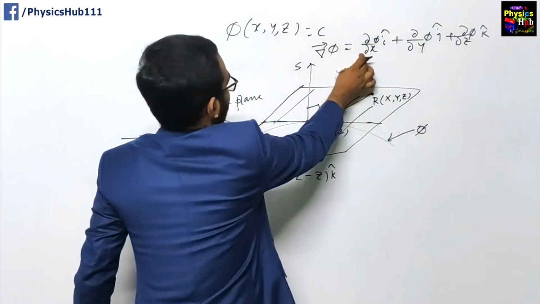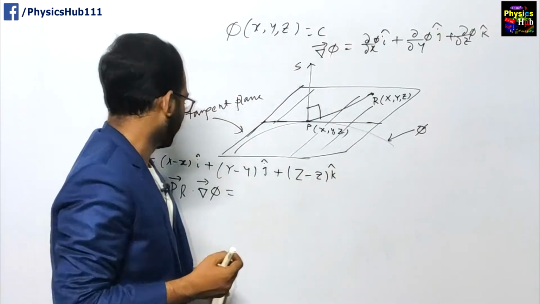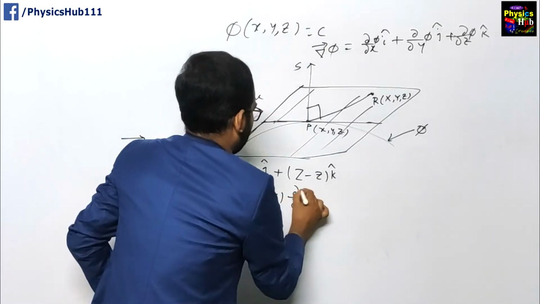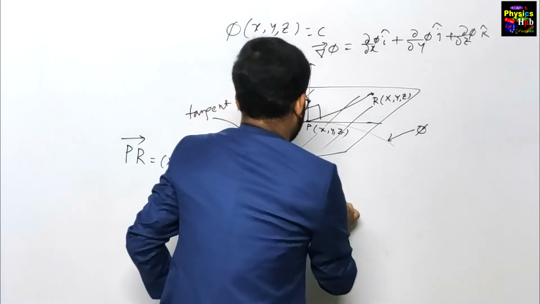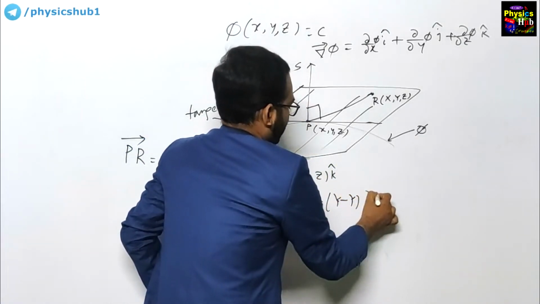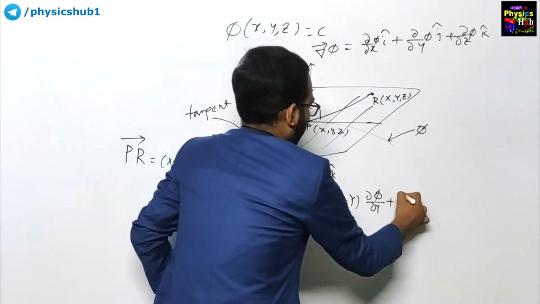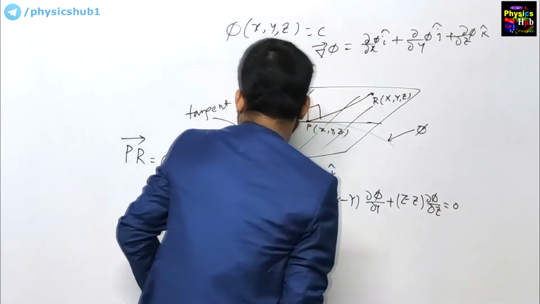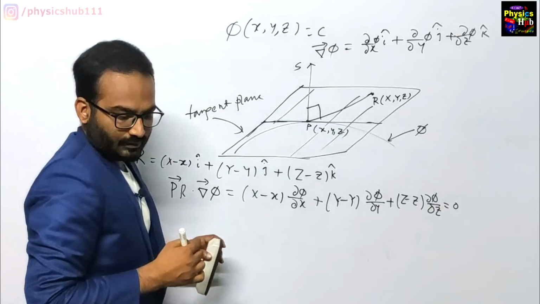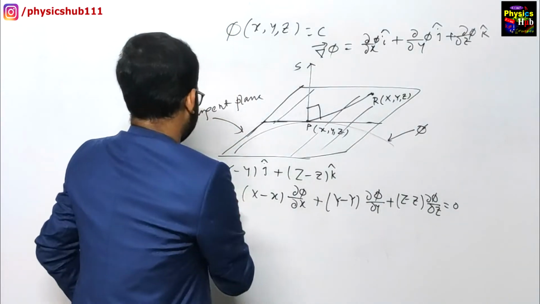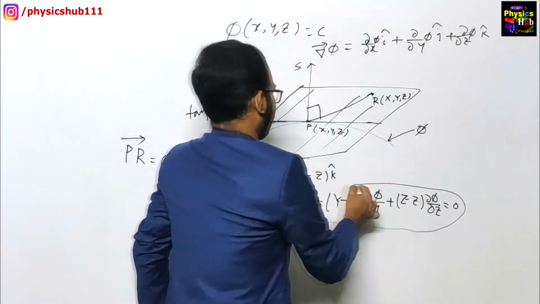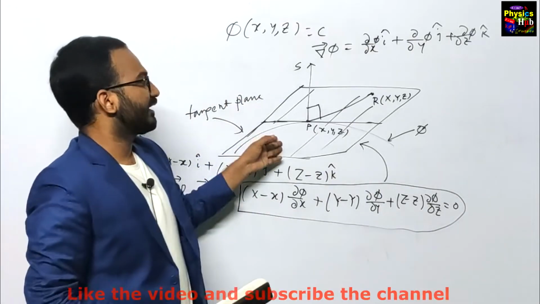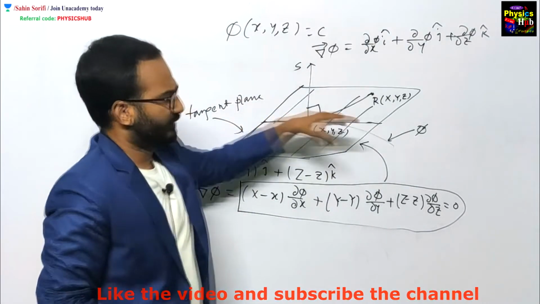You would get (X minus small x) del phi upon del x plus (Y minus small y) del phi upon del y plus (Z minus small z) del phi upon del z. This is equal to 0 because this dot product must be 0. And this defines the equation of the plane. So this is the equation of this tangent plane. So in this way we can easily find out the tangent plane equation of a level surface.